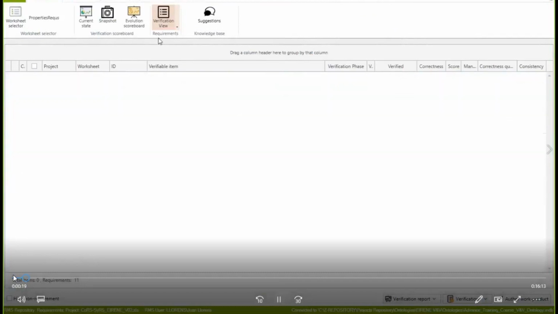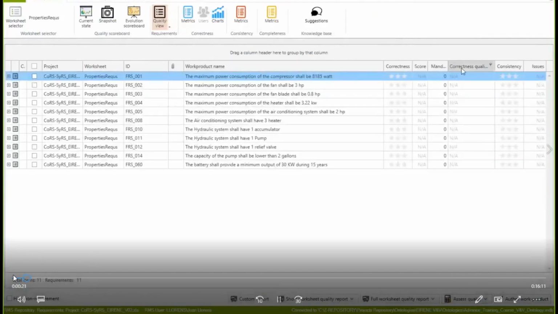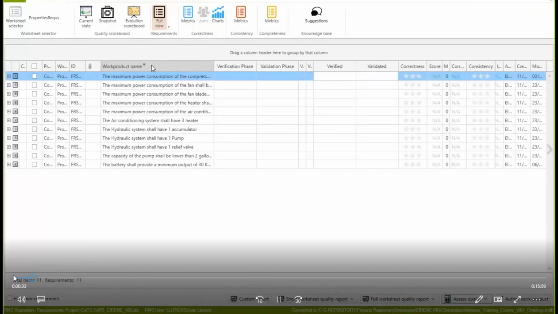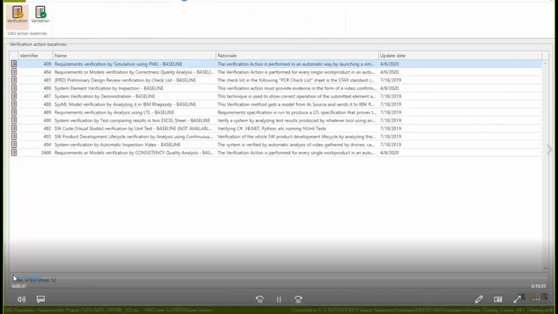You can transform the V&V Studio into RQA. You just get the quality view, you get the verification view where you can see all this verified and not verified, a validation view, of course, the full view where you get everything: quality, verification, and validation. And of course, you get the quality assurance and V&V assurance.